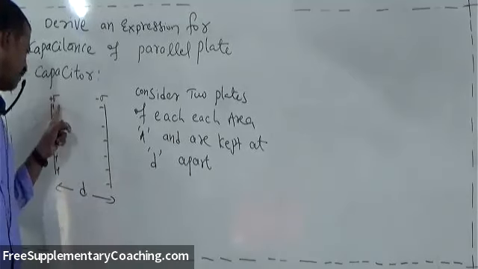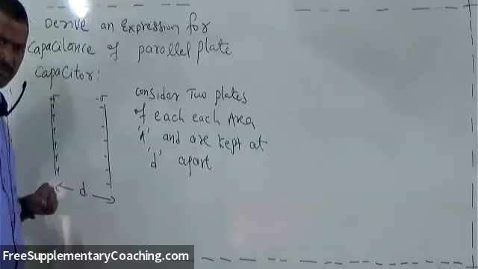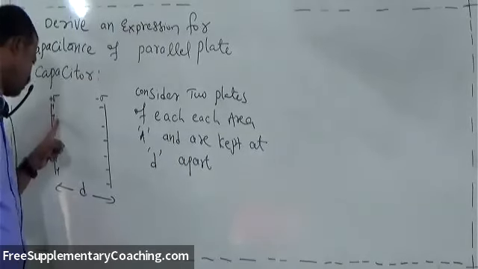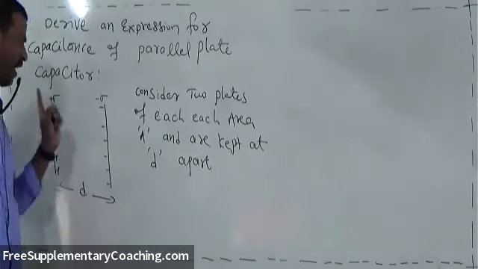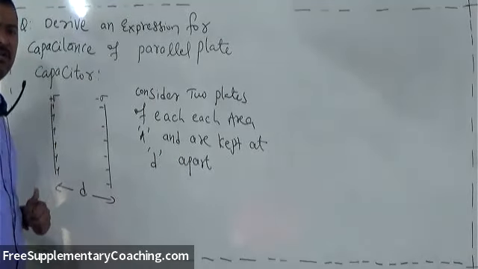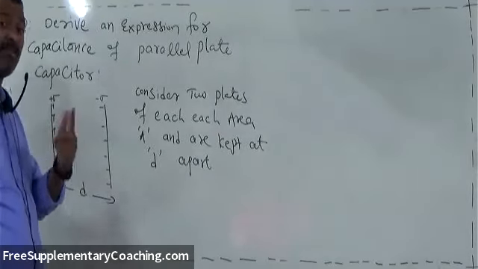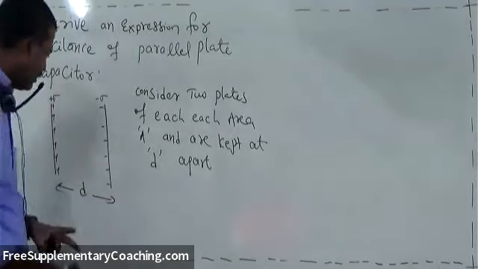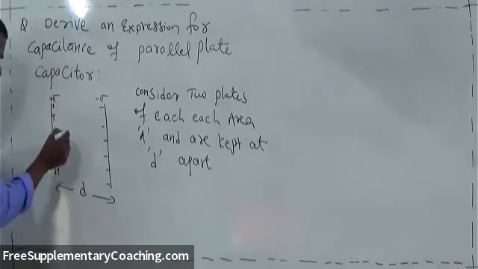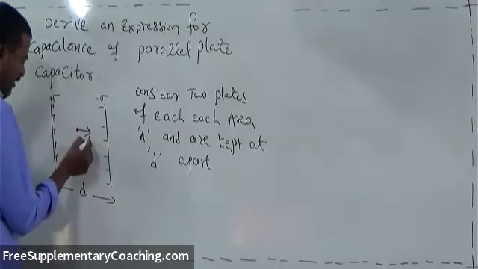So here this will produce some electric field and this will also produce an electric field, and we know the electric field due to positive charge will be away from the charge, and due to negative charge it will be towards the charge. So I have taken one point here. Due to this positive charge, the electric field is this side, that is E plus.